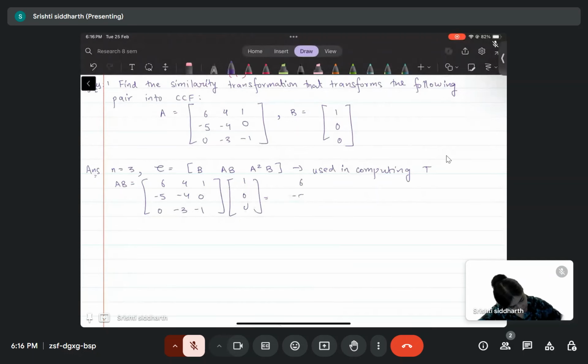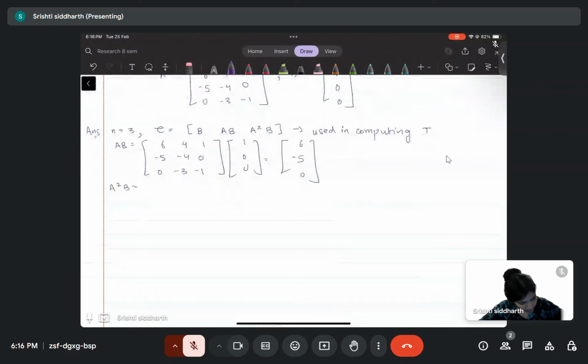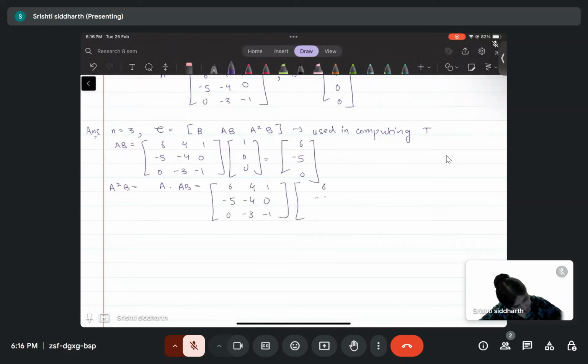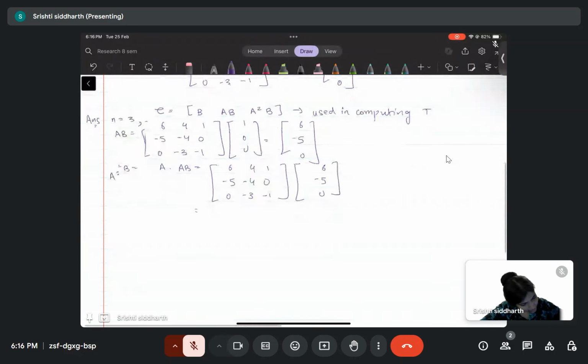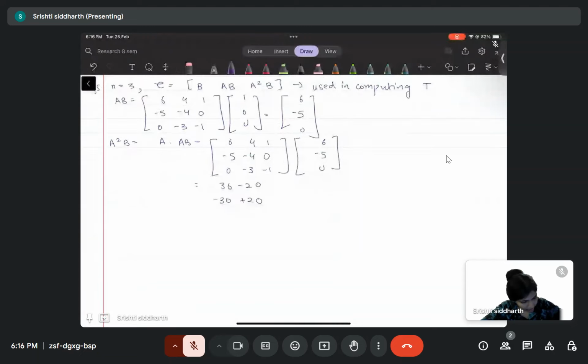A squared B is A times AB, which is 6, 4, 1, minus 5, minus 4, 0, times 6, minus 5, 0. This is 36 minus 20, minus 30 plus 20, and then 15. So this is simply 16, minus 10, 15.